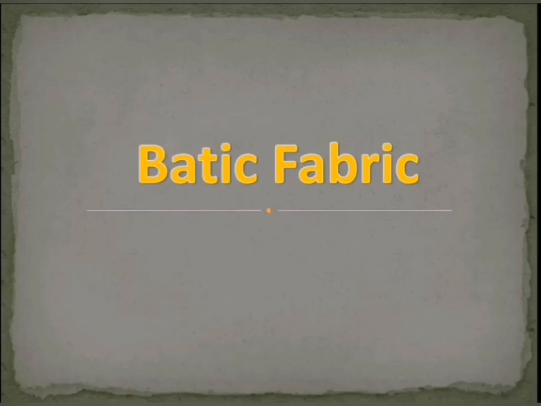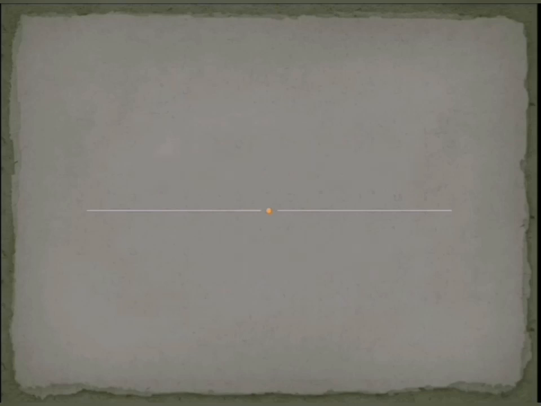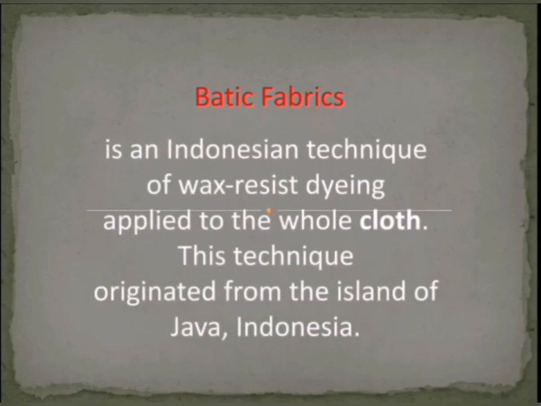Now let's go to batik fabric. It means in Thai. Now let's define what is batik fabric and where it originated. Batik fabric is an Indonesian technique of wax resist dyeing. When you say dyeing, it's coloring.